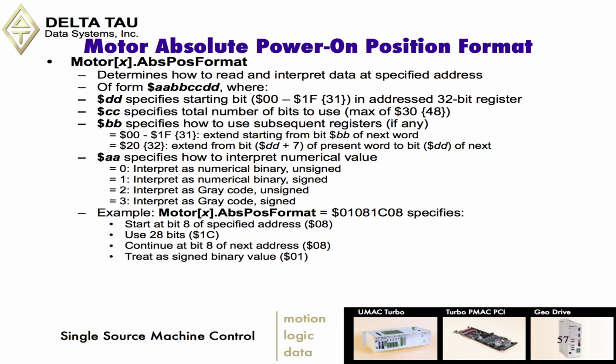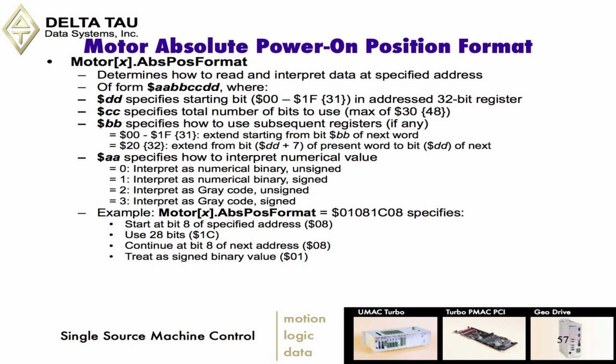So if we take a look at the format of this power-on absolute AbsPosFormat, this determines how we're going to read and interpret the data at the address that we just pointed to in the previous slide. So it's a 32-bit register with 4 sections: A, B, C, and D. The D section specifies the starting bit in that 32-bit register.